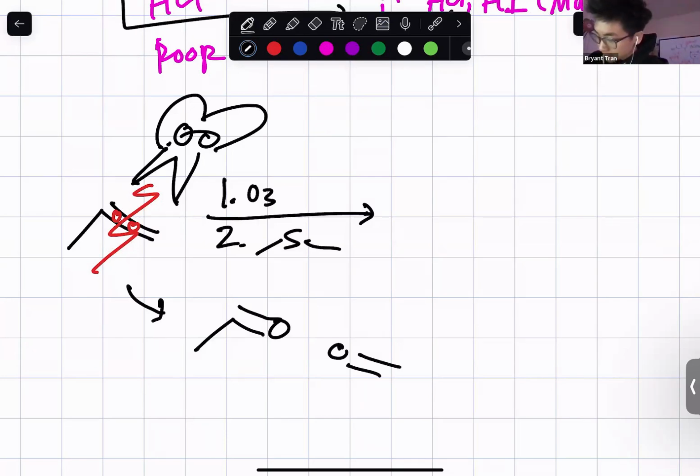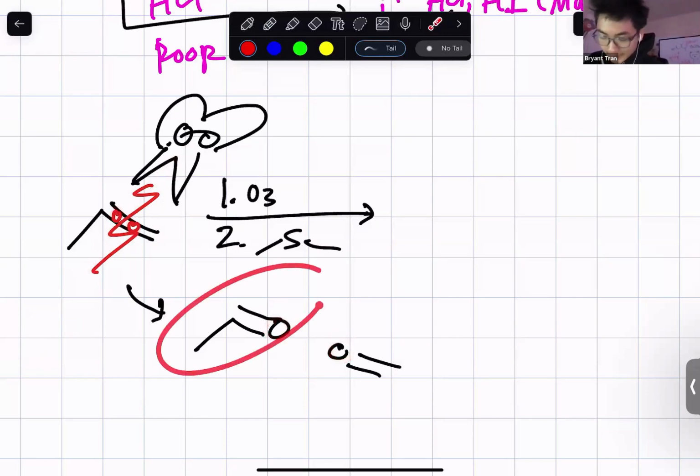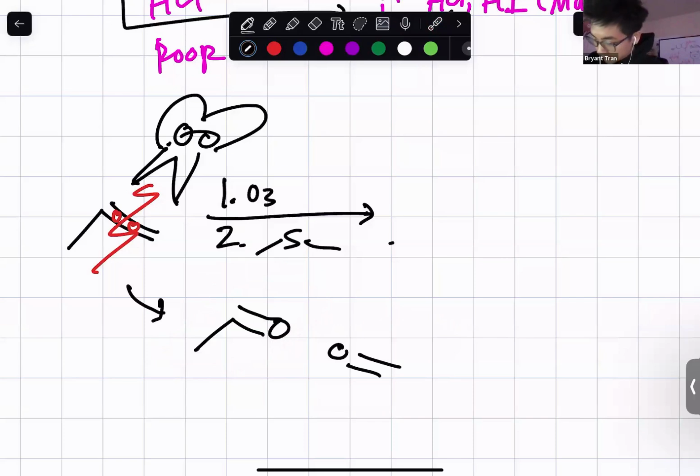In this case, we got two different products, this aldehyde and this formaldehyde.